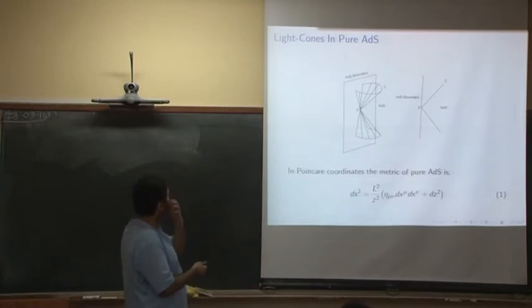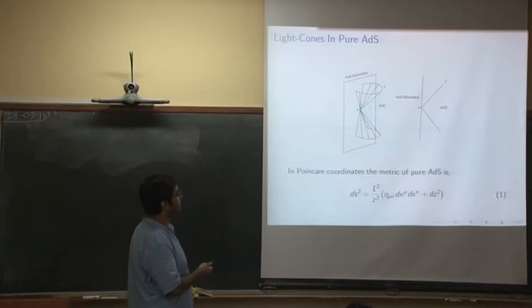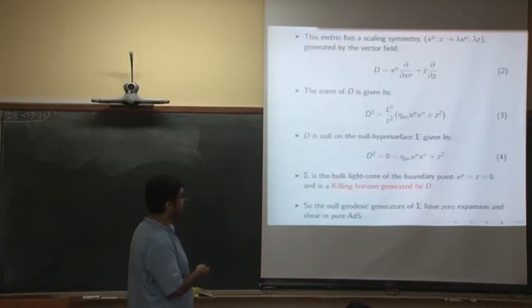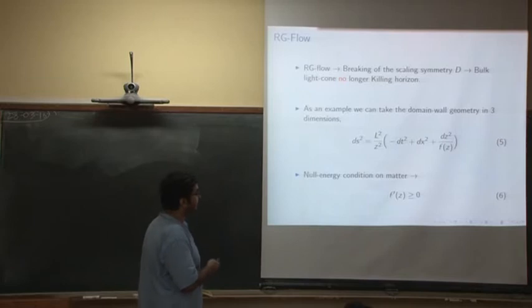Okay. So now I consider the same geometry, but the thing is that the light cone will now change because the metric has changed. But I keep the same point P with coordinates x mu equal to z equal to 0.